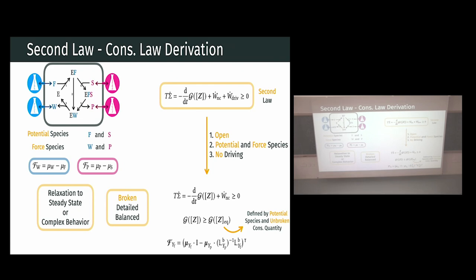And so I will eventually, for this system, reach a non-equilibrium steady state, where I continuously interconvert fuel into waste, substrate into product. And for that system, which is very simple, this is the only possible state to which you will relax.